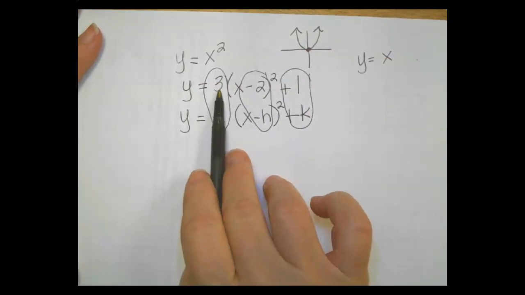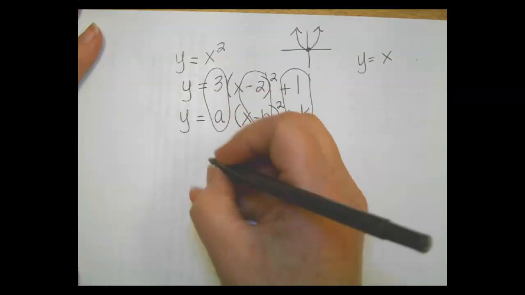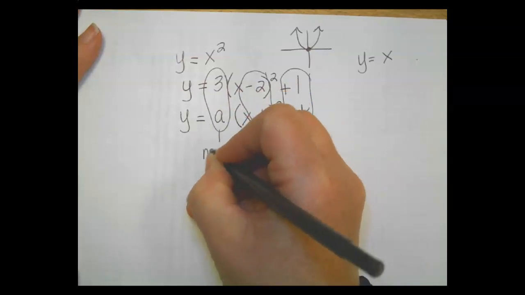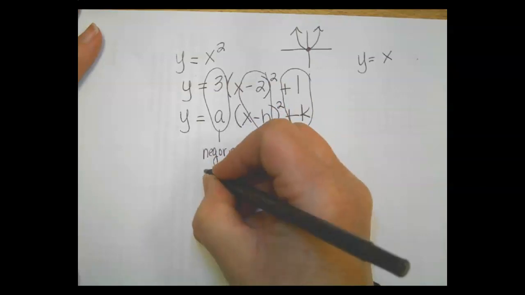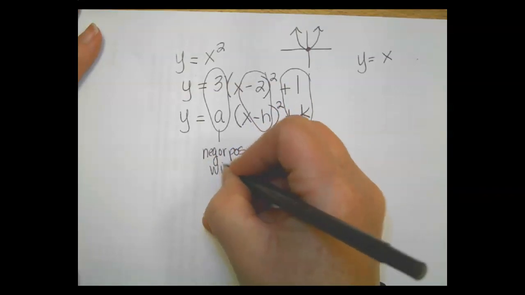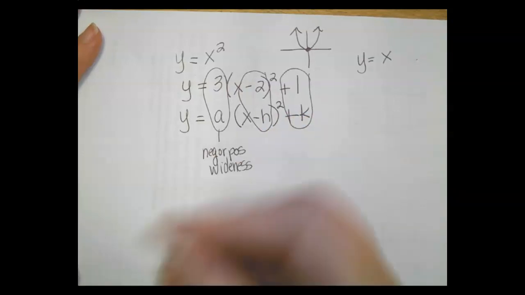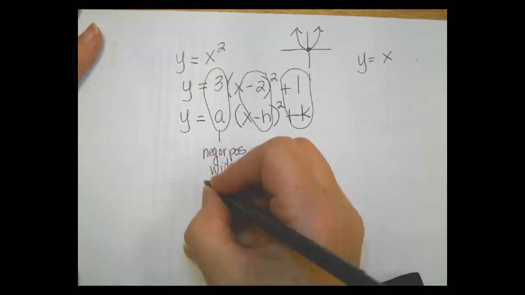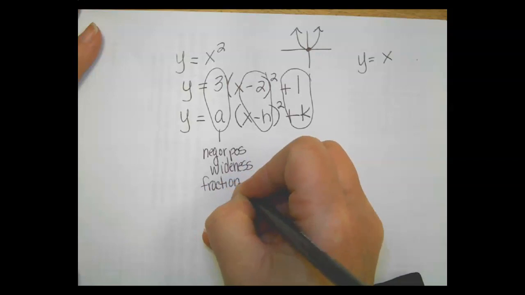The a tells me how wide it is. It is either negative or positive, and it has to do with wideness. If it's closer to 0, like a fraction, it is wide.